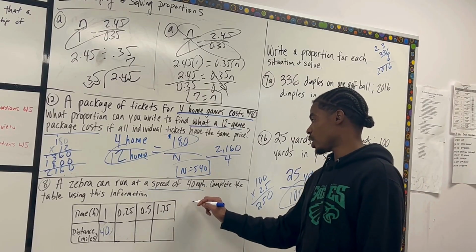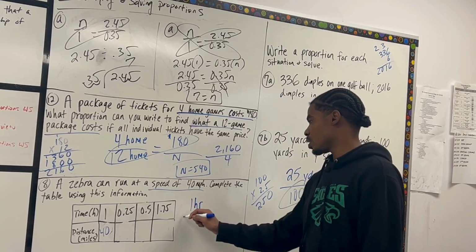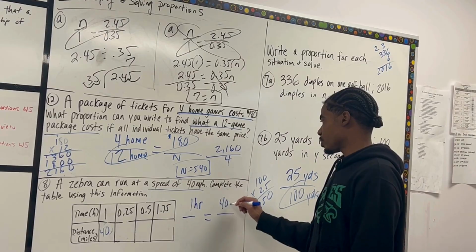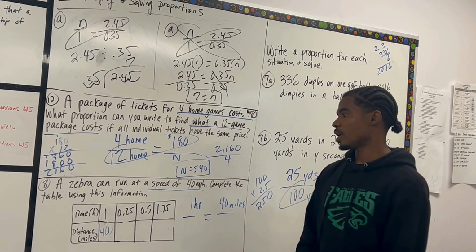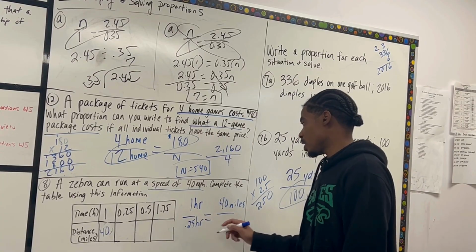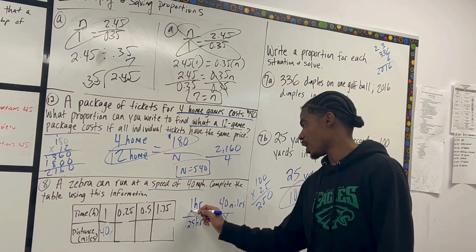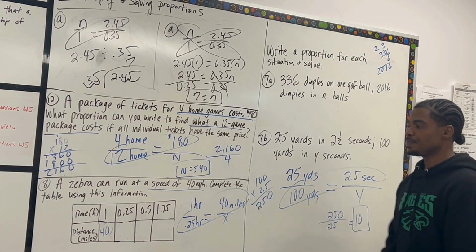So if I said 1 hour equals 40 miles, then we're gonna say 25 hundredths of an hour equals x.